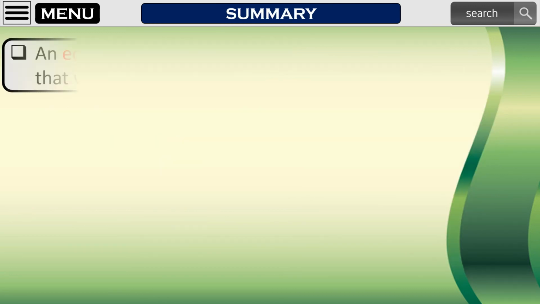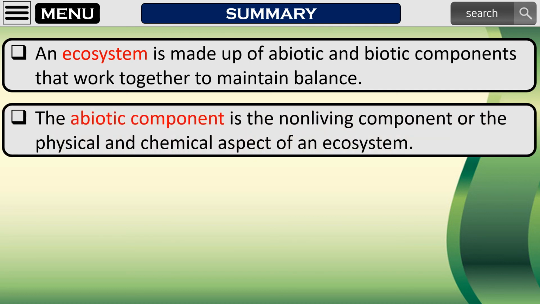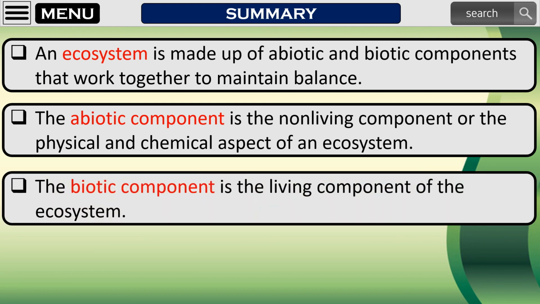To summarize, an ecosystem is made up of abiotic and biotic components that work together to maintain balance. The abiotic component is the non-living component, or the physical and chemical aspect of an ecosystem. On the other hand, the biotic component is the living component of the ecosystem.